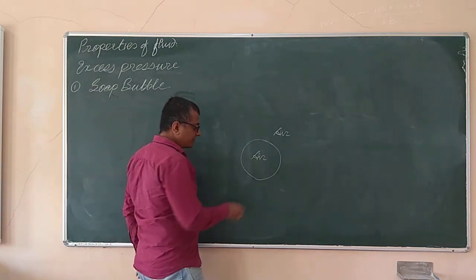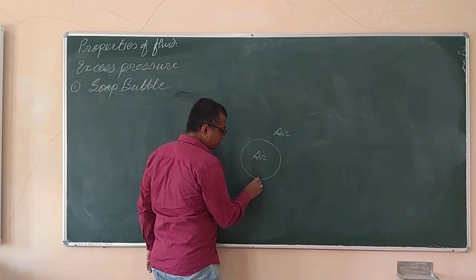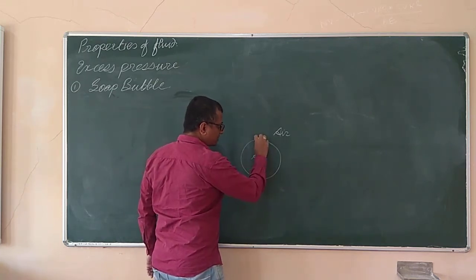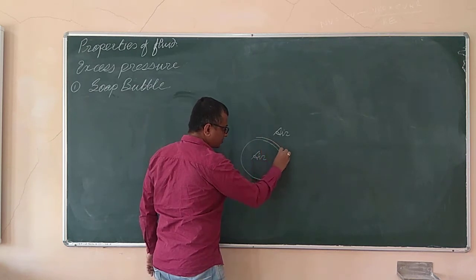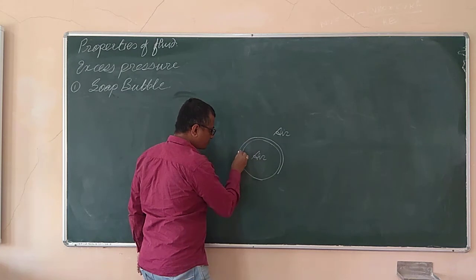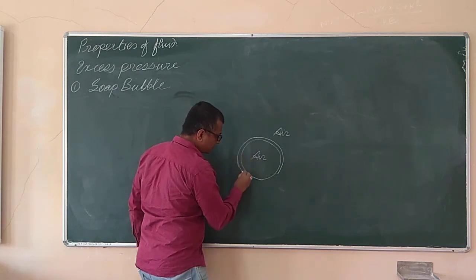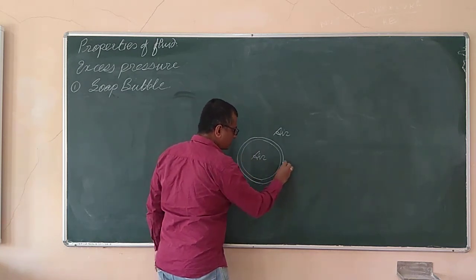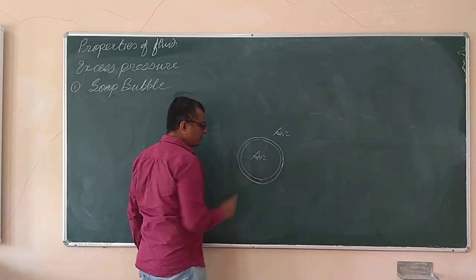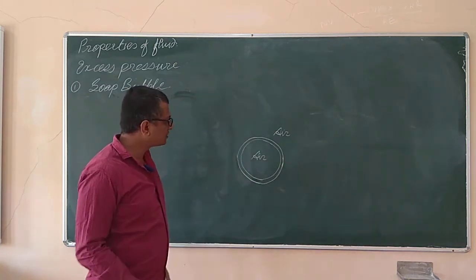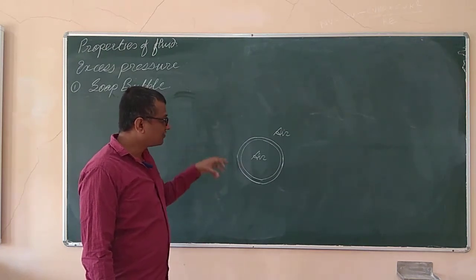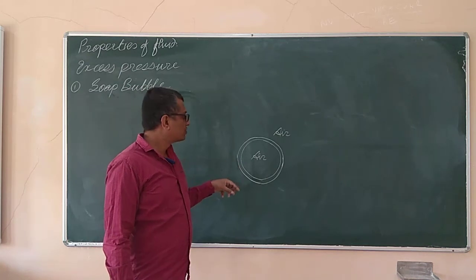Now however fine, the soap film solution will have a certain thickness. If I show the thickness of that soap film over here, it's clear that the thickness is very small, very fine, maybe in terms of some nanometers, I don't know the exact range, but finally it will have a certain thickness.